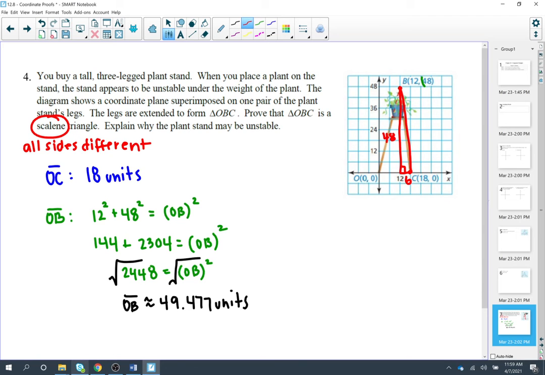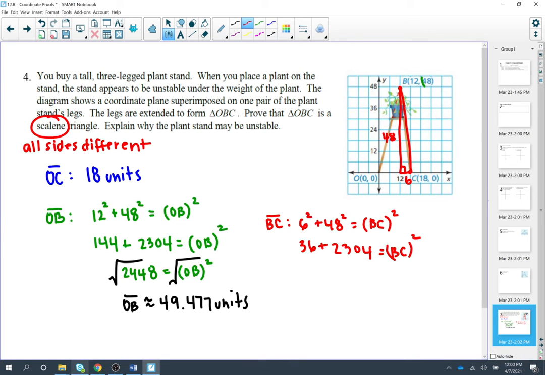So in order to find BC, we're going to do 6 squared plus 48 squared is equal to BC squared. That's going to give us 36 plus 48 squared, which is 2,304, equals BC squared.